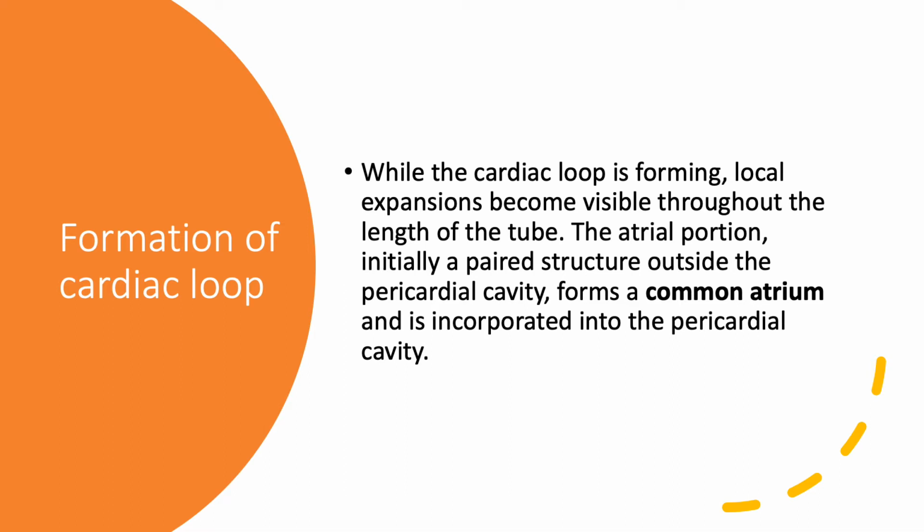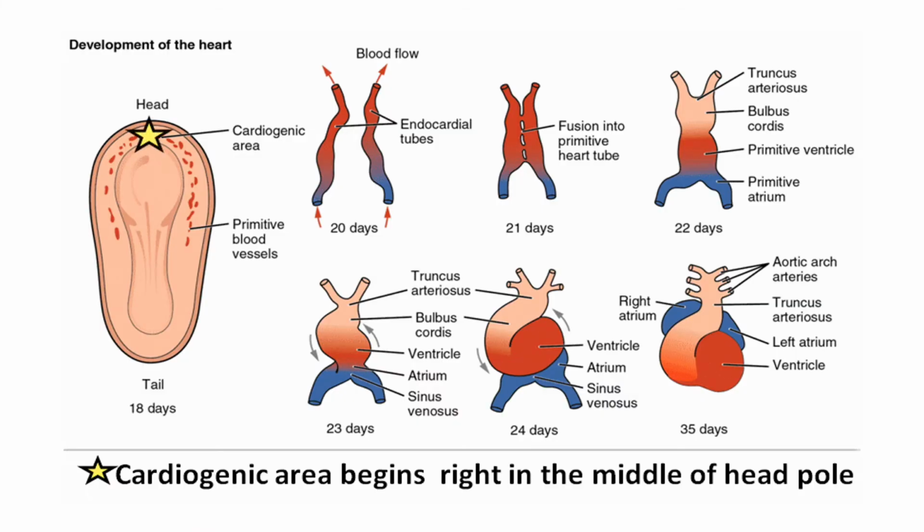This expansion will form a common atrium and be incorporated into the pericardial cavity, as you see in this picture. At day 23, this expansion of the heart will form what is called the common atrium.